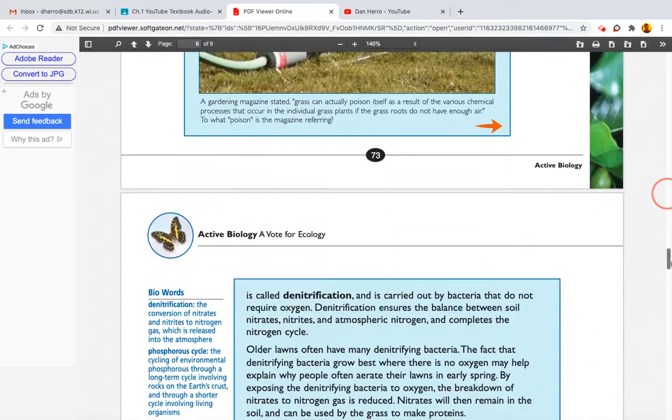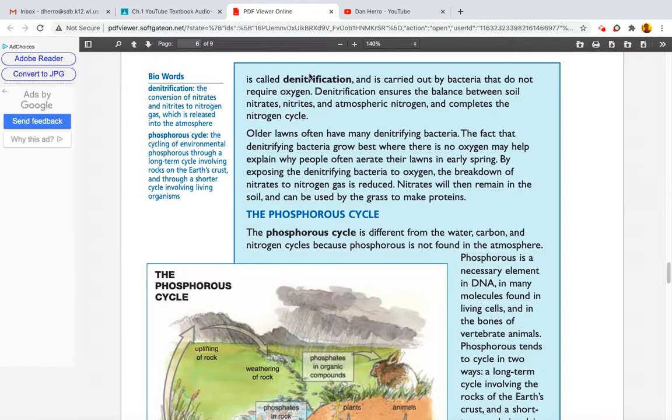This process is called denitrification and is carried out by bacteria that do not require oxygen. Denitrification ensures the balance between soil nitrates, nitrites, and atmospheric nitrogen and completes the nitrogen cycle. Older lawns often have many denitrifying bacteria.